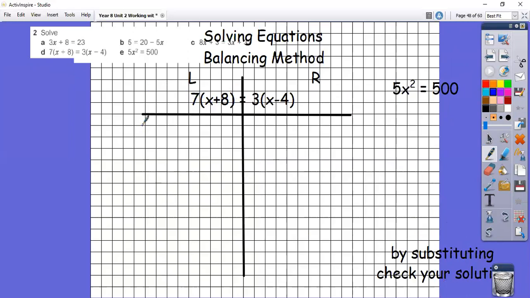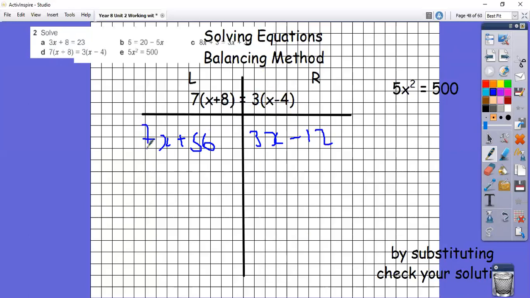On the left hand side, 7 times x is 7x. 7 times 8 is 56, I think. I need to check. And then on the right hand side, 3 times x is 3x. 3 times negative 4 is negative 12.